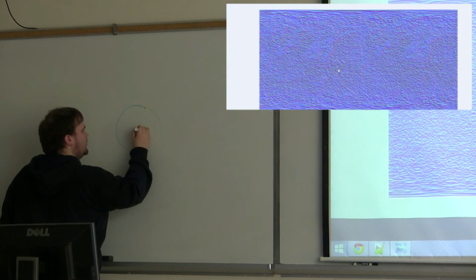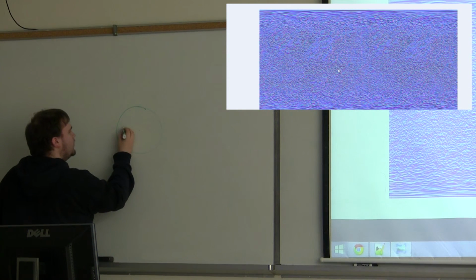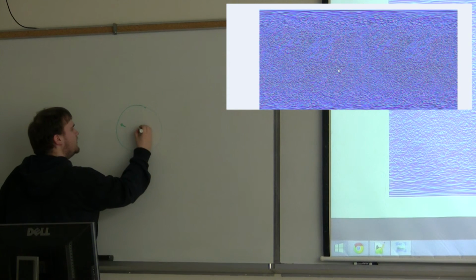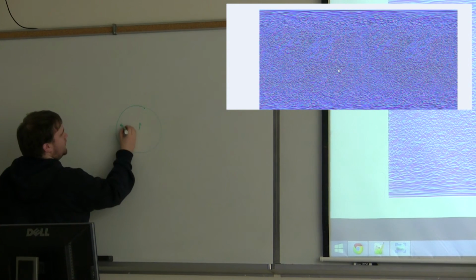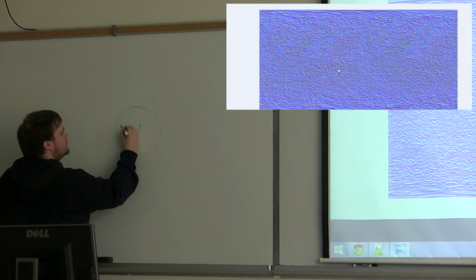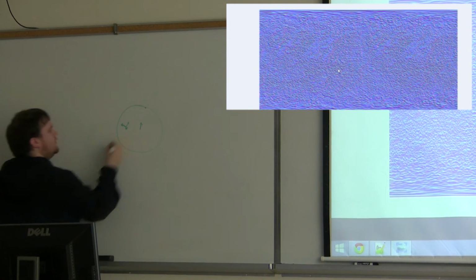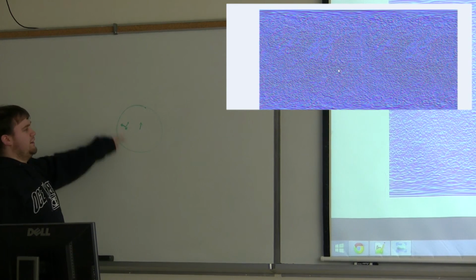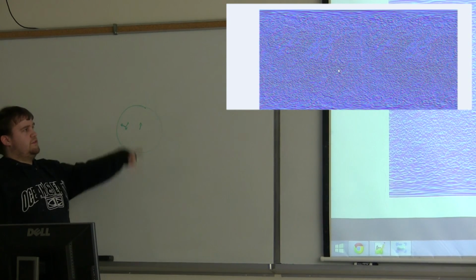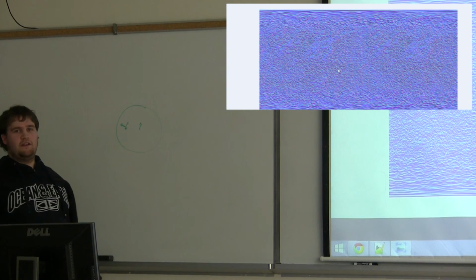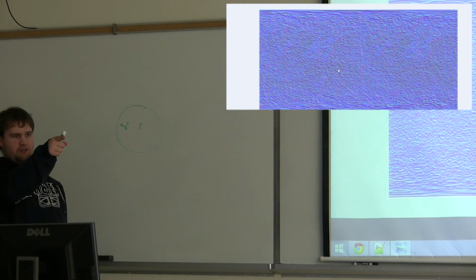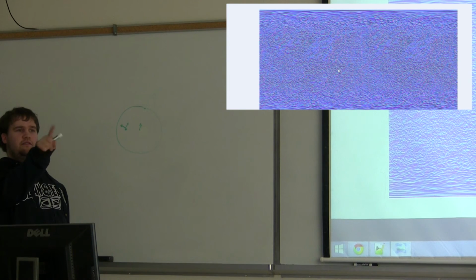So if you take a different point, let's say I take this point, it has a normal pointing this way. This is the up vector. The cross product of these two would generate something about here, and the cross product of those two would generate something about here. So you take the red multiplied by one of these, the blue multiplied by another, and the green multiplied by the third, and it takes your normal and offsets it slightly.